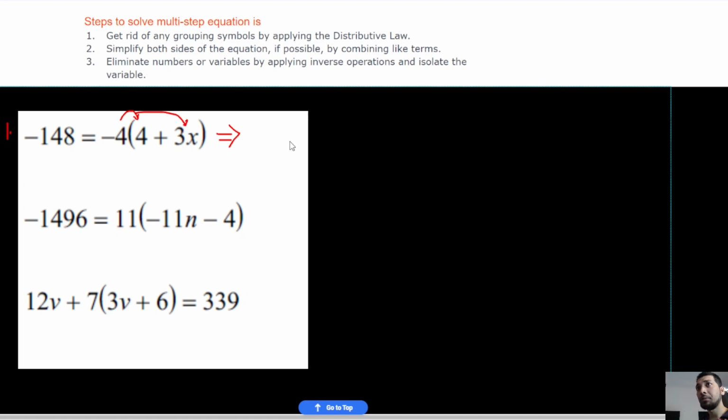So if you apply the distributive law, we get negative 148 equals negative 4 times 4, that is negative 16. And we have a plus sign which is coming from here. And negative 4 times 3x, that is negative 12x.